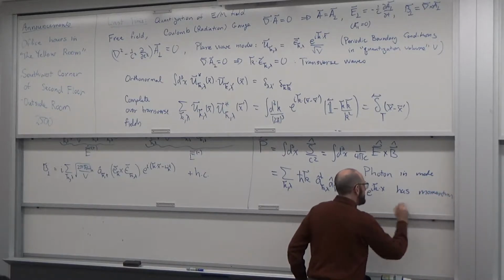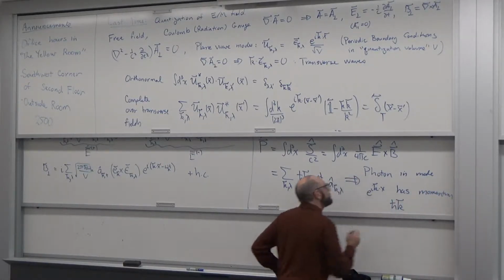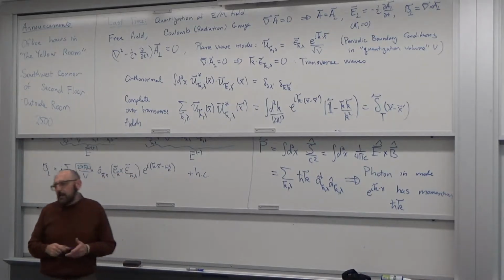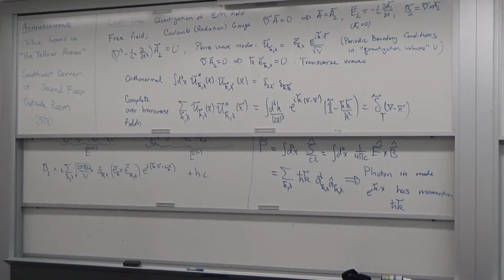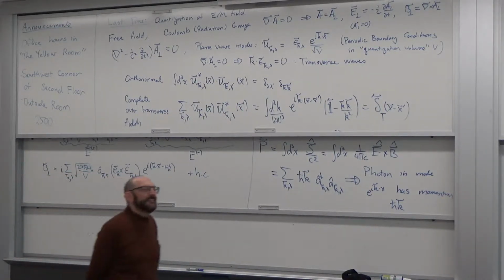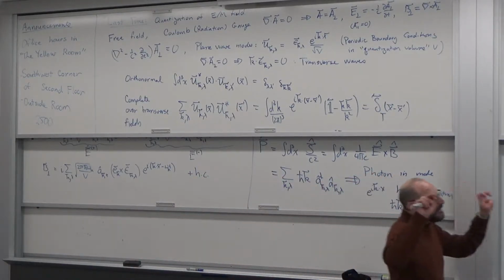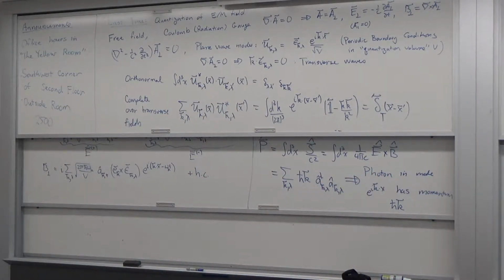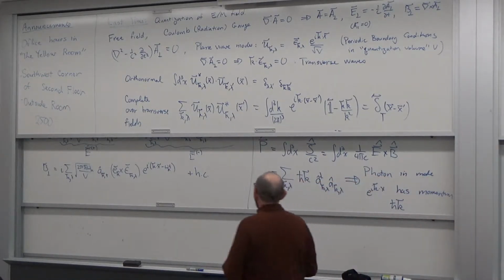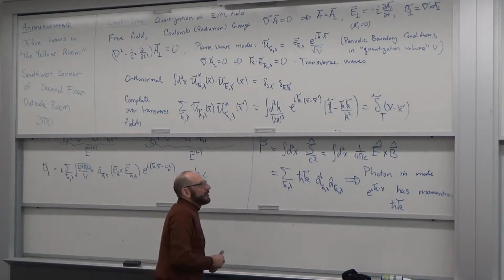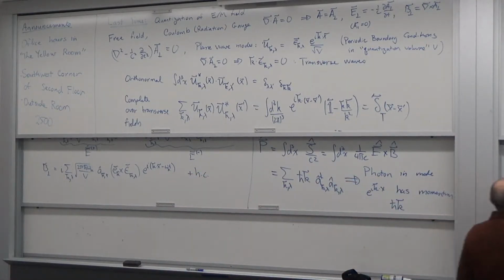And that momentum is h bar k. So that's, of course, to be expected. We know that the plane wave states in our first quantization picture are the eigenfunctions of the momentum operator. And this is the second quantized version of what we would have in first quantization. We're going to come down over here.